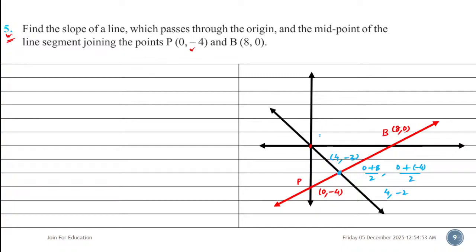And the coordinate of the origin is (0, 0). Suppose this is O and this is C. We are asked the slope of OC. There should be no problem understanding the details of the figure. Let's see the solution of this one.